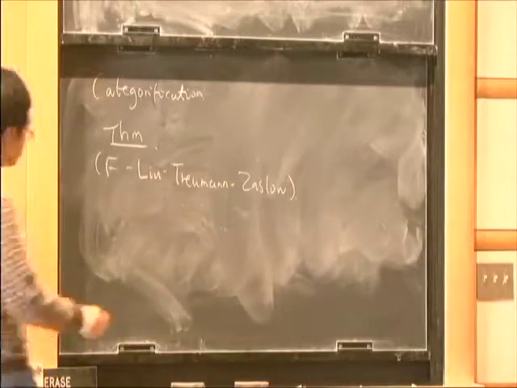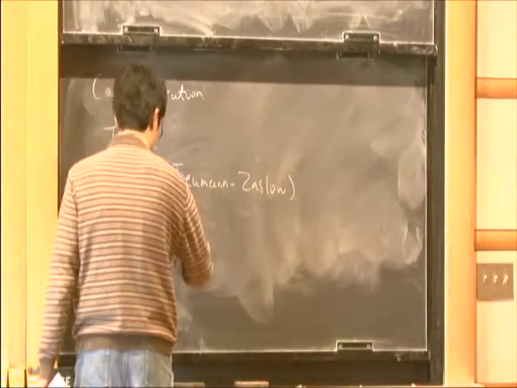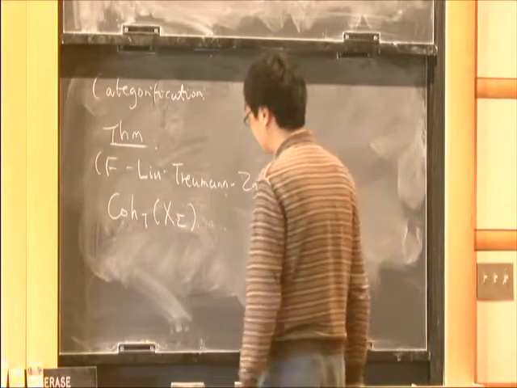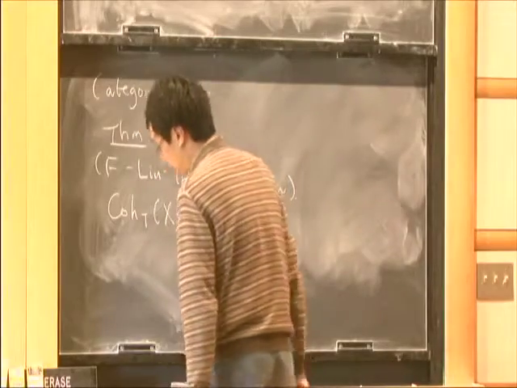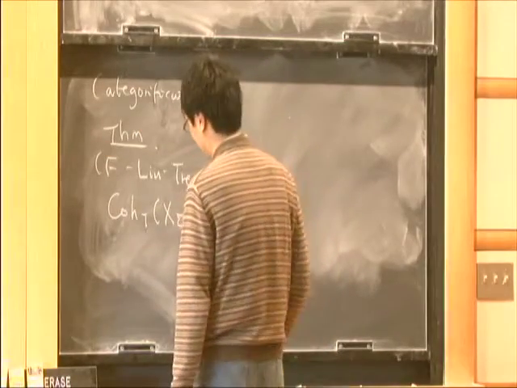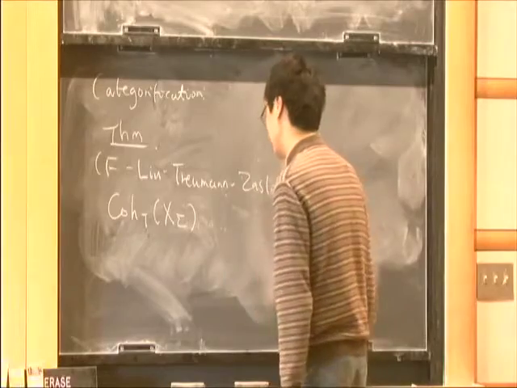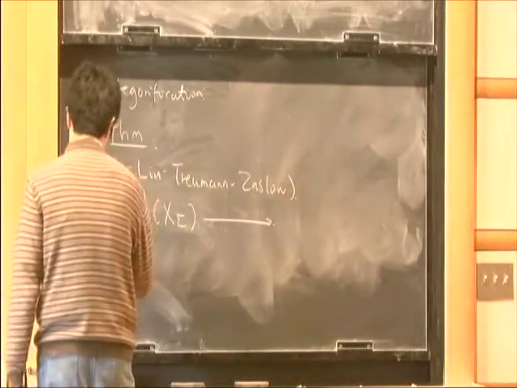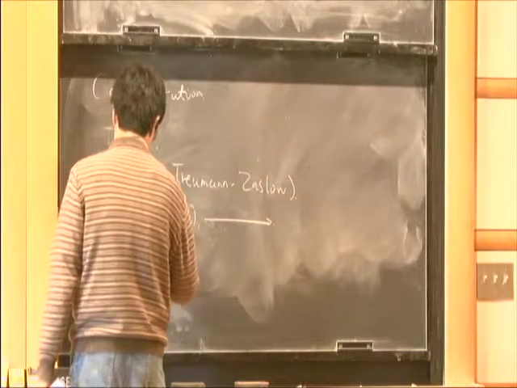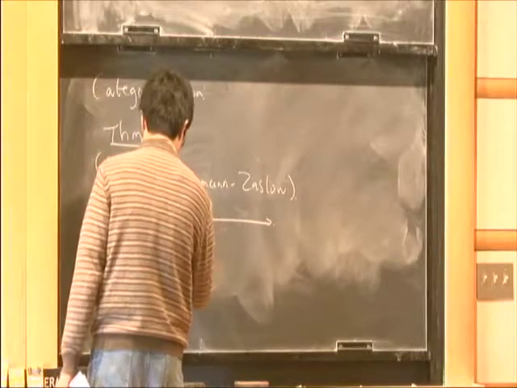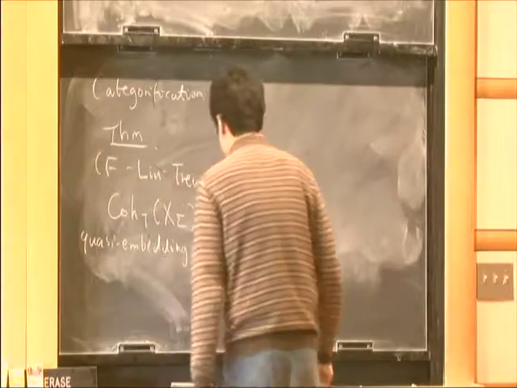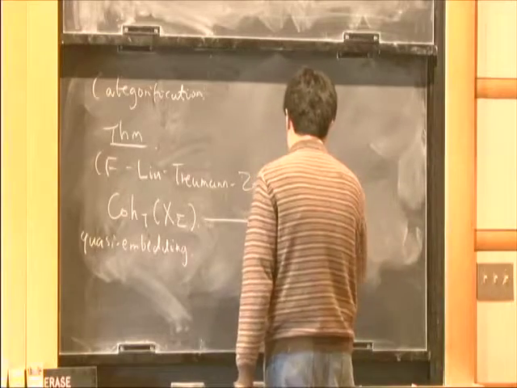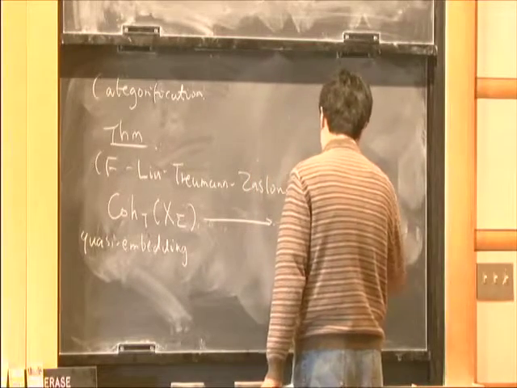So here is a DG category of coherent sheaves on X sigma. Since there's the T-equivariant K group, here it is T-equivariant coherent sheaves. For now it's a quasi-embedding, so it is a DG functor, full and faithful in the homotopy category, to this category of constructible sheaves on M_R.